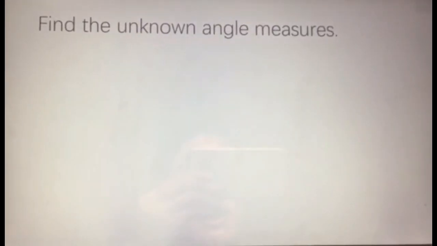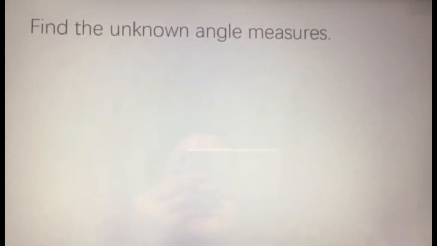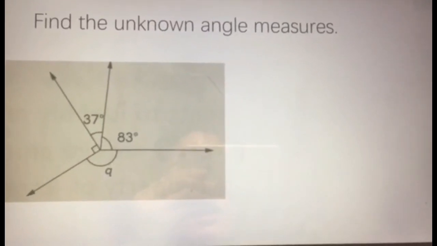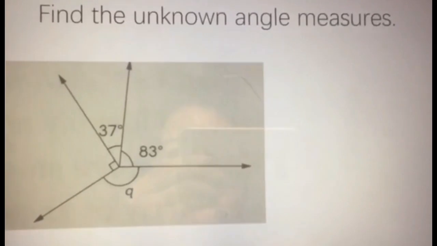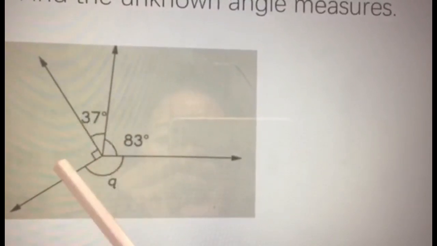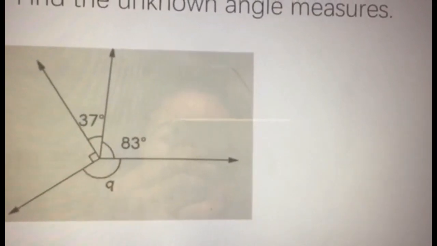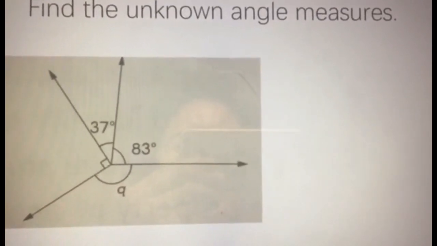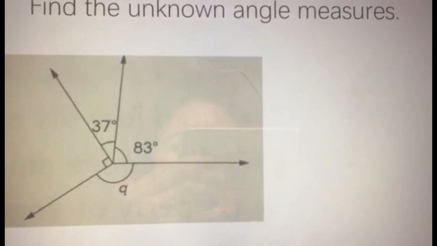And other questions are like, find the unknown angle measures in figures like this. In this figure, we know this angle is 83 degrees, we know this angle is 37 degrees, and there is a right angle. How many degrees is a right angle? Right, it's 90 degrees.